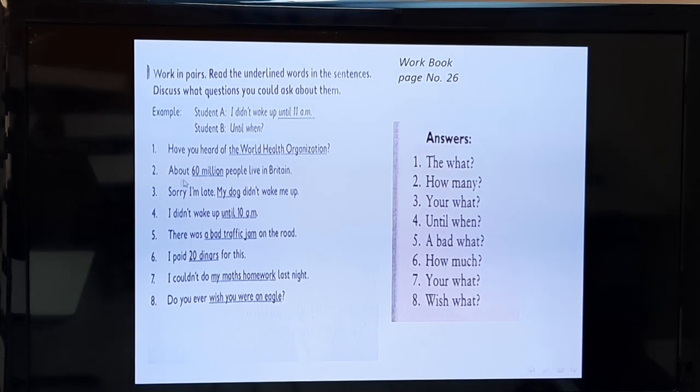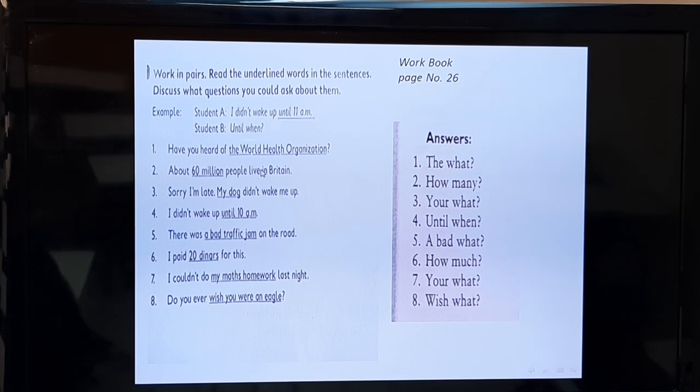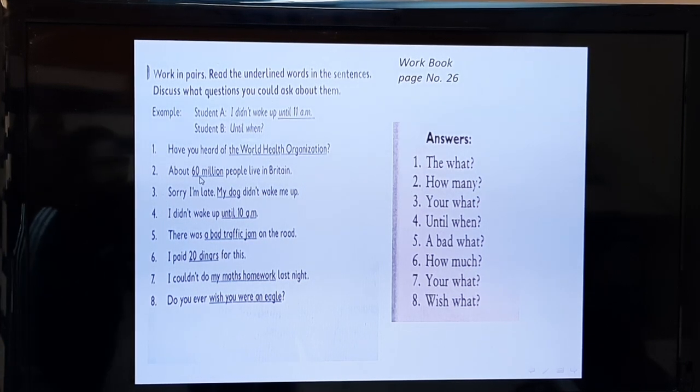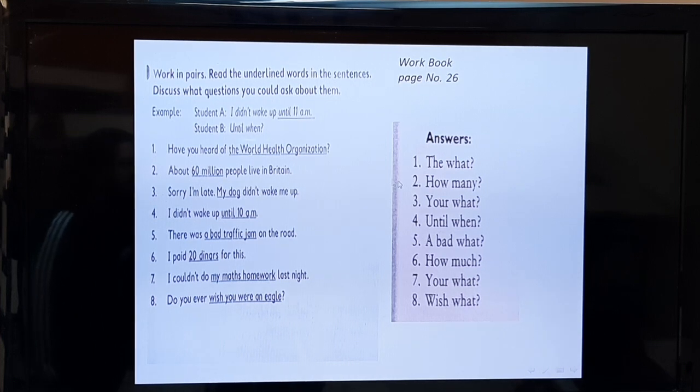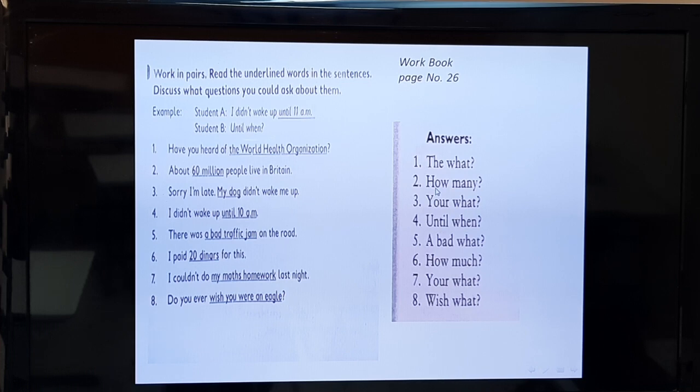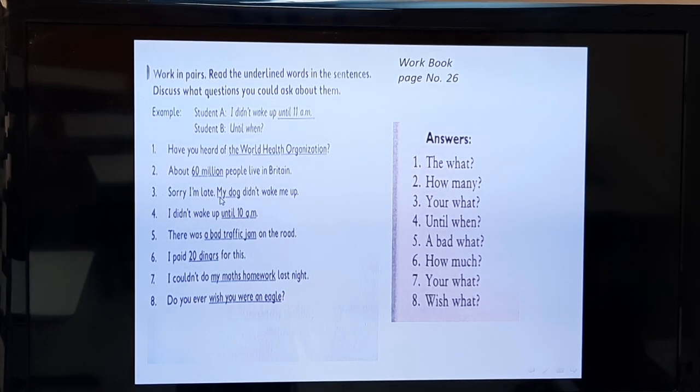Number 2, about 60 million people live in Britain. If we skip 60 million, the suitable question word is how many. Number 3, sorry, I'm late. My dog didn't wake me up.